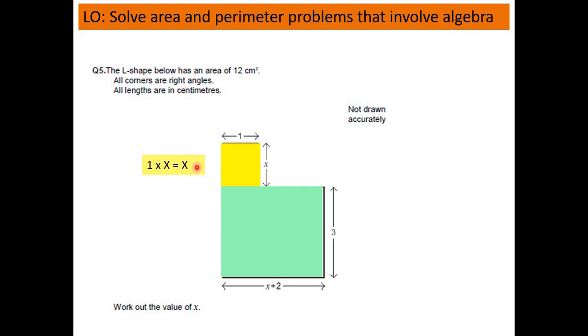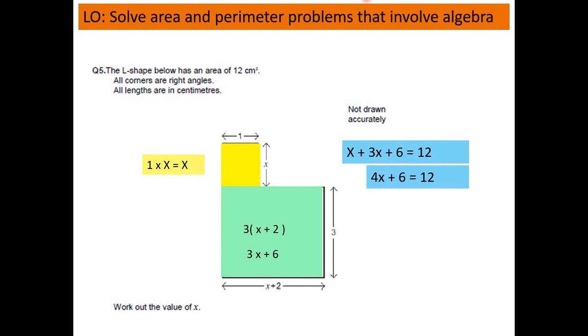And the area of this shape down here, 3 multiplied by x plus 2, that's going to be our area for this shape. So 3x plus 6. So now we can collect those all together. So x plus 3x plus 6 is 12.